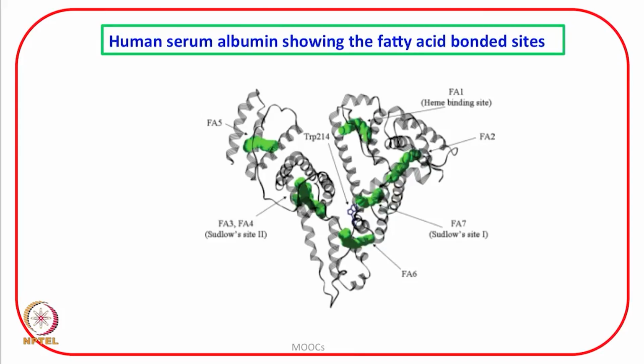In addition to the fatty acid binding sites, there are well defined other drug binding sites on serum albumin, and that is why, if we are interested in understanding the binding of a certain ligand with this transport protein, serum albumin, we must work with the fatty acid free protein, because if we work with the protein which already has fatty acids, then that will affect the binding studies.